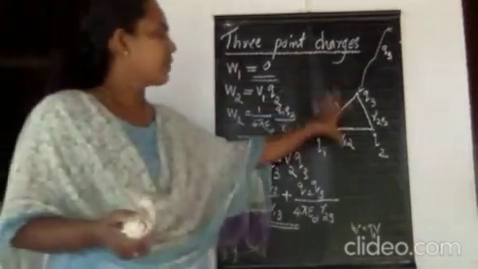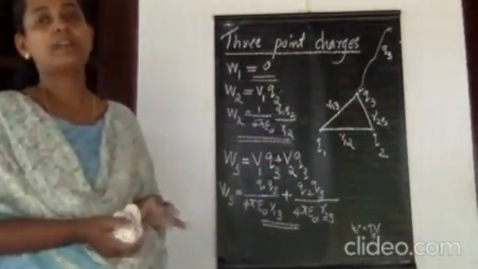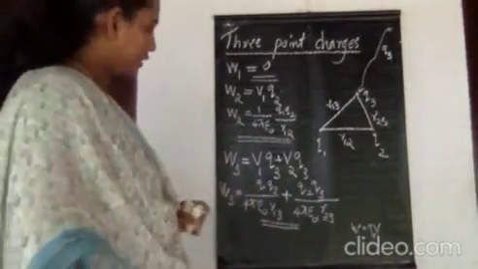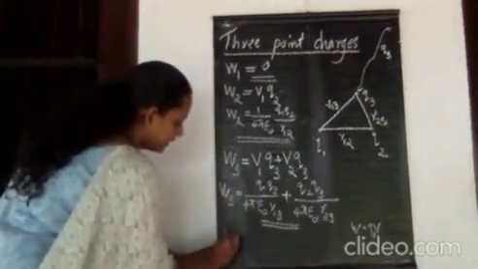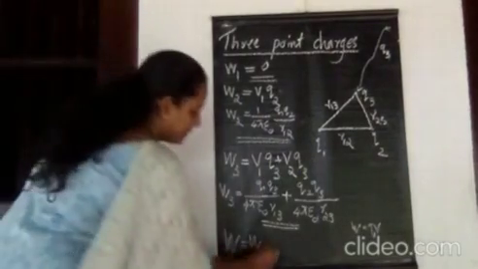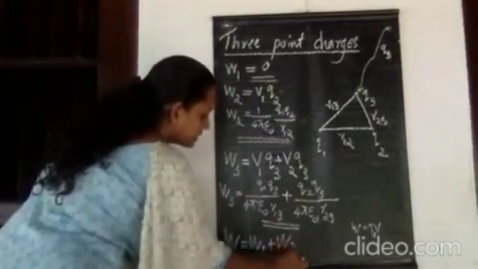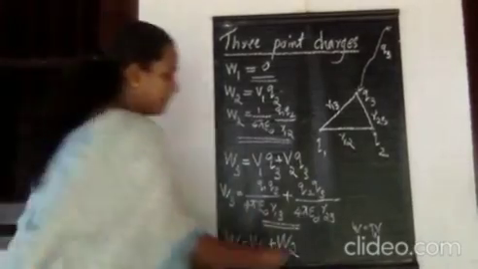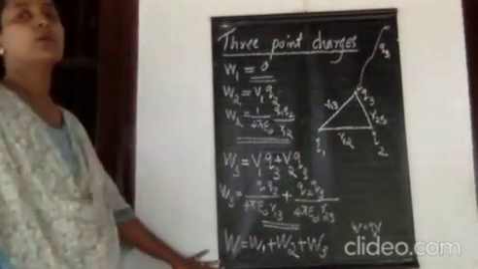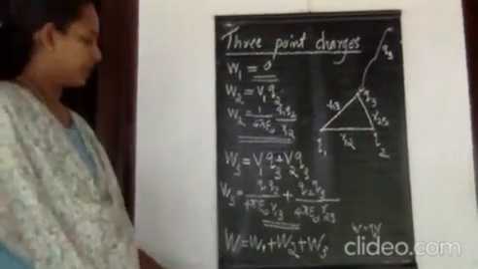But this is a system of 3 charges. So what will be the expression for total work done? Total work done means the work done to bring the first charge, W1, plus the work done to bring the second charge, W2, plus the work done to bring the third charge, called W3 itself. So what is that?